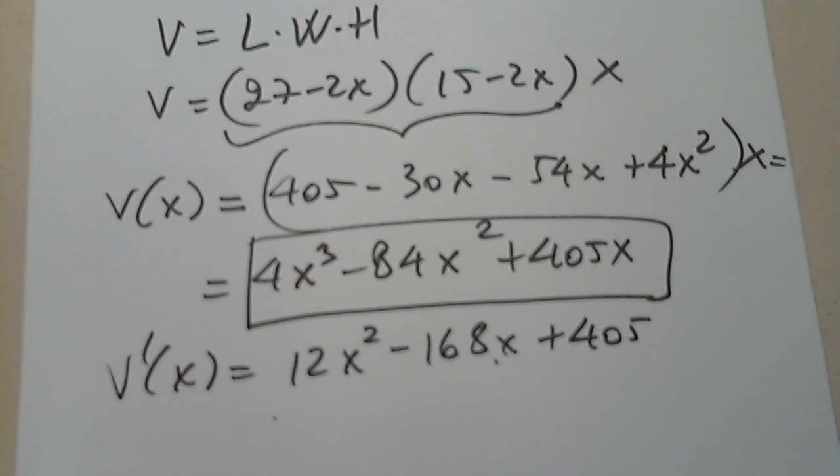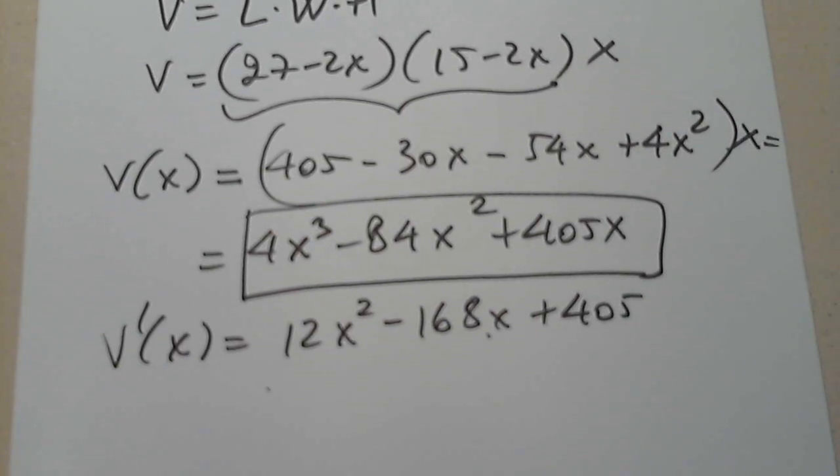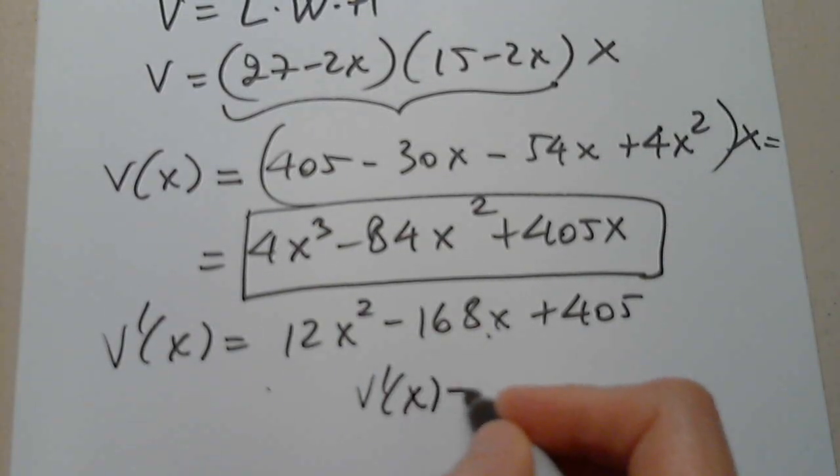What do I need to do or find next? In the process of finding the maximum or minimum, I find the derivative and then I have to find critical numbers. Excellent. In other words, I have to set V prime of x equal to 0.